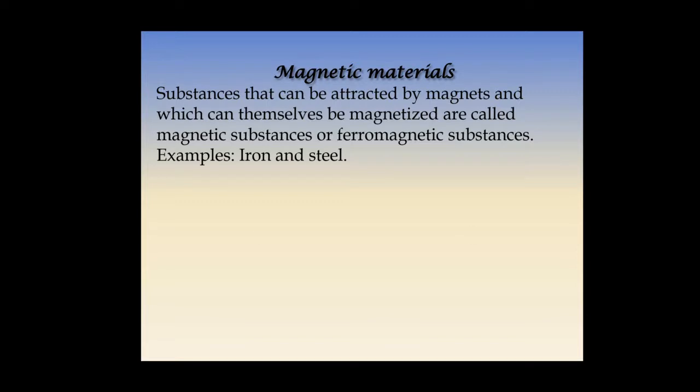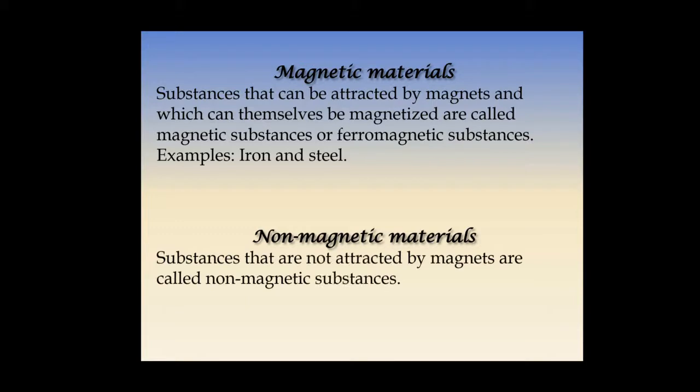Right now, let's see about the non-magnetic materials. Substances that are not attracted by magnets are called non-magnetic materials. For example, wood and paper. Lots of examples we have that are about non-magnetic materials like plastic, then cotton, then glass.